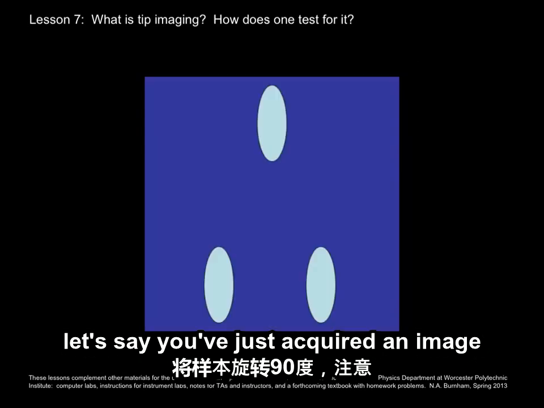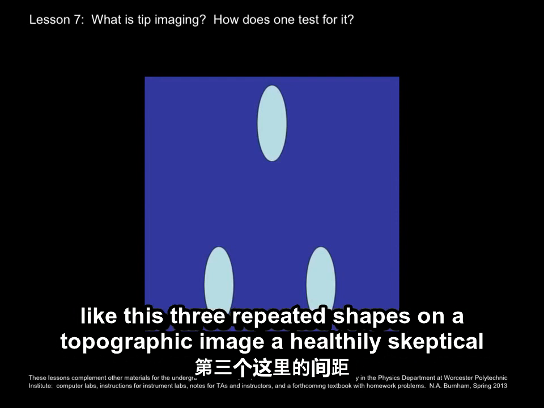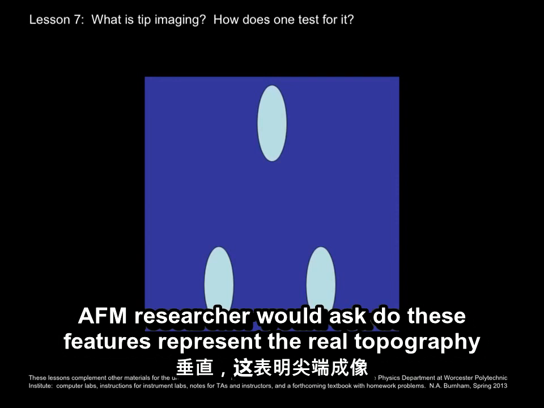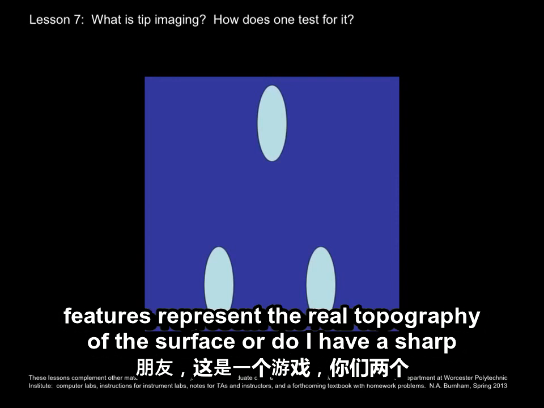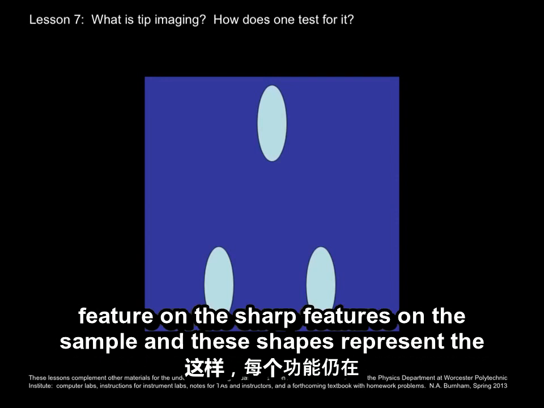Let's say you just acquired an image like this, 3 repeated shapes on a topographic image. A healthily skeptical AFM researcher would ask, do these features represent the real topography of the surface, or do I have sharp features on the sample, and these shapes represent the tip?